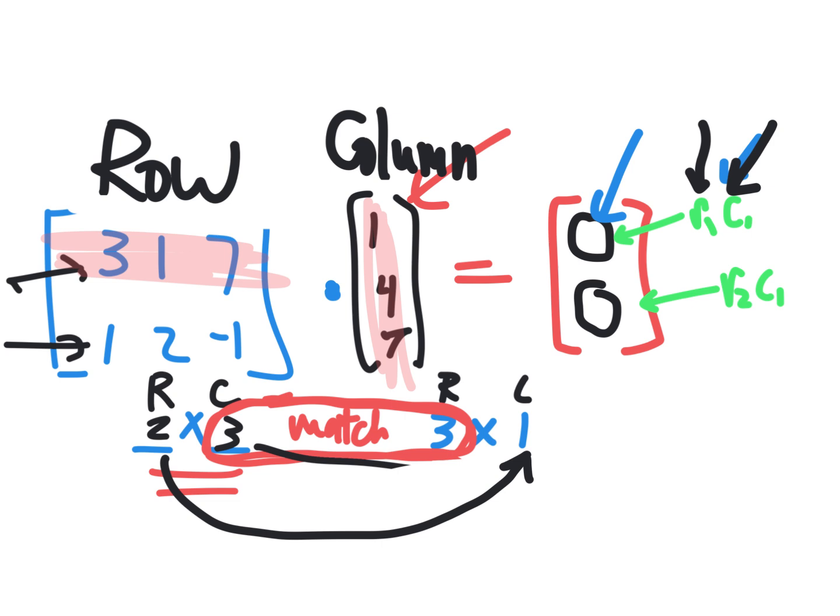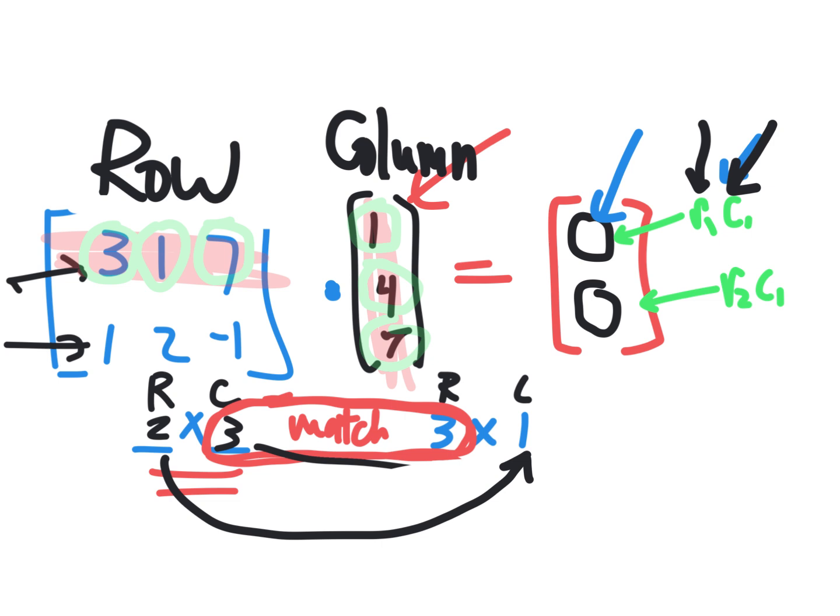And that's because it's this and this get multiplied. And then what do you think we should do? Multiply the 1 and the 4. Then what do you think we should do? Multiply the 7 and the 7. And then what do you think we should do with all these multiplied numbers? Add them all up. Very good.